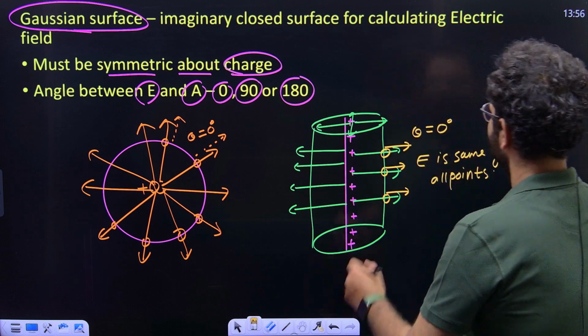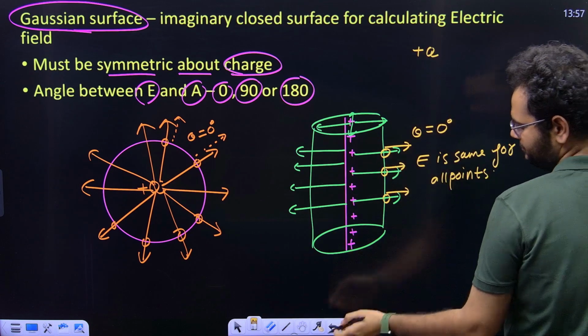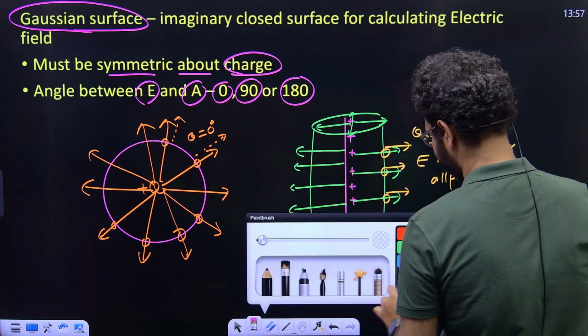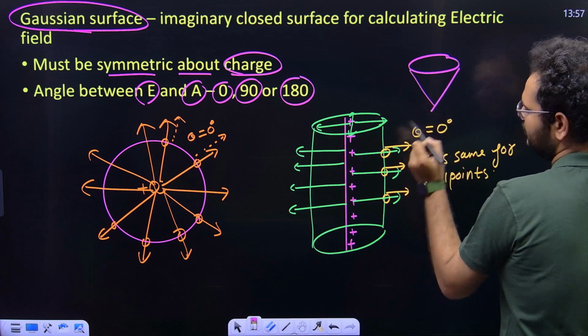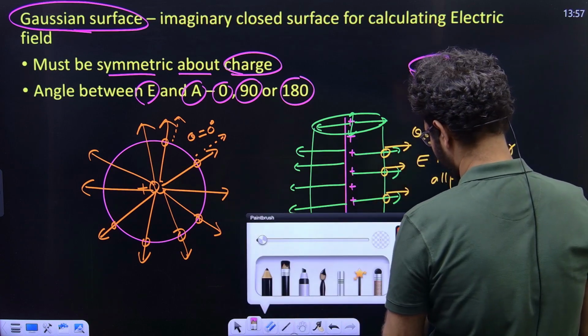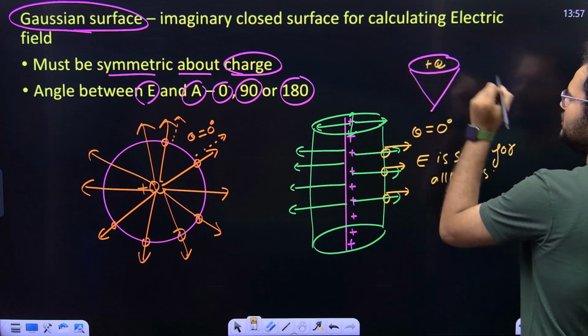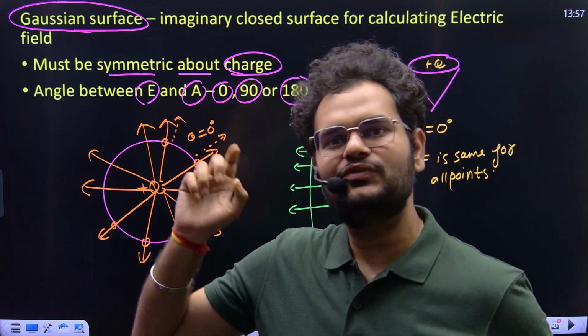Let me ask you one small question. It's a plus Q charge. Suppose in the exam they ask: this is a plus Q charge, and can a cone be a Gaussian surface for the plus Q charge?